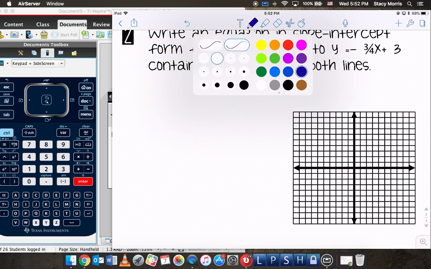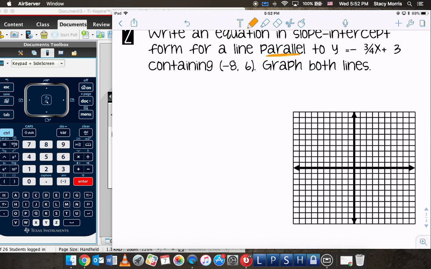We need to know first that parallel lines have the same slope. So in this equation, y equals mx plus b, m is the slope. So our m for this equation is negative 3/4. So m for our equation is also going to be negative 3/4. We do not know what b is, and that is what we're going to be looking for.